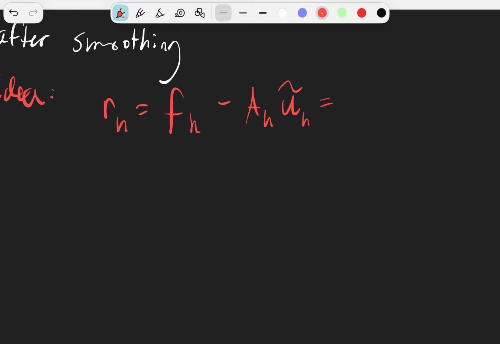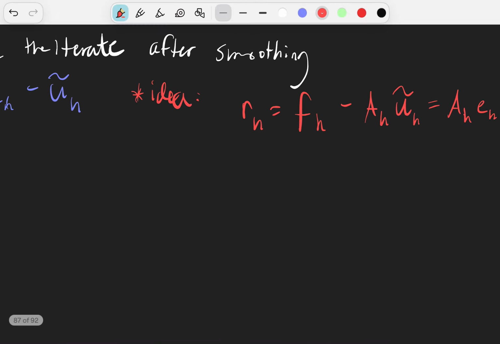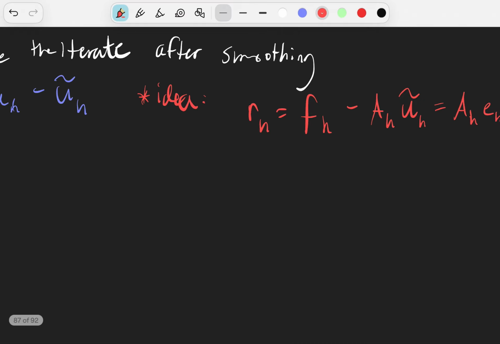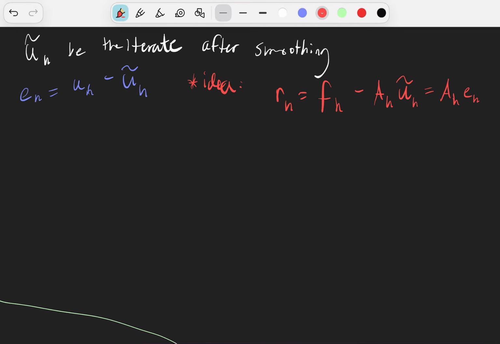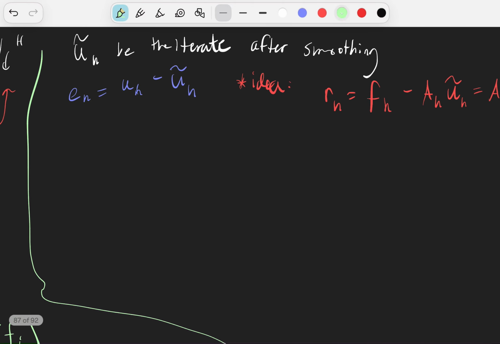And this should be equivalent to A in the total error, right? For the true one. And what we're doing here is saying we're going to apply a series of steps. So, one, what we can do is pre-smooth.